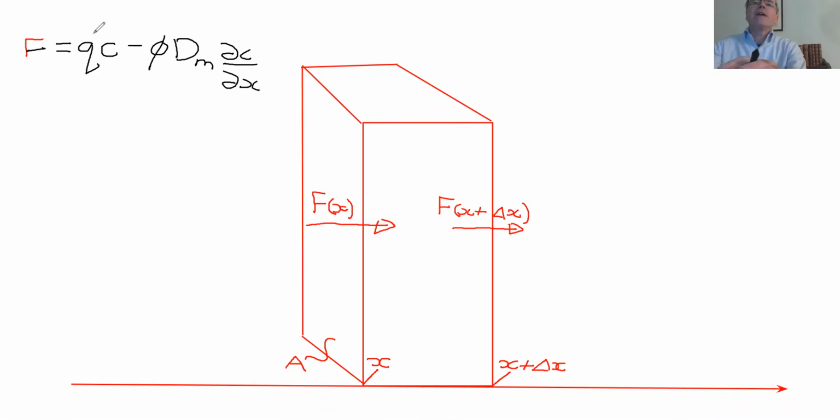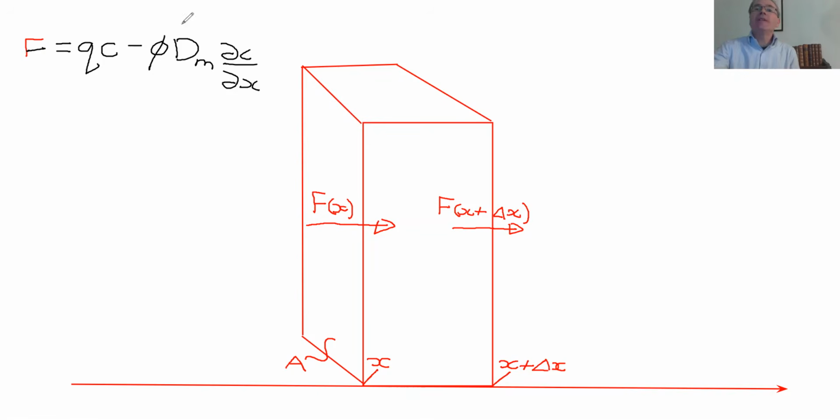The first term here, U, is the Darcy velocity. So this represents the volume of fluid flowing per unit area, per unit time. It's multiplied by the concentration. In this particular example, and it's not vital that we do this, I'm going to assume that the concentration is a mass per unit volume. So then the units of F are in fact a mass per unit area per unit time.